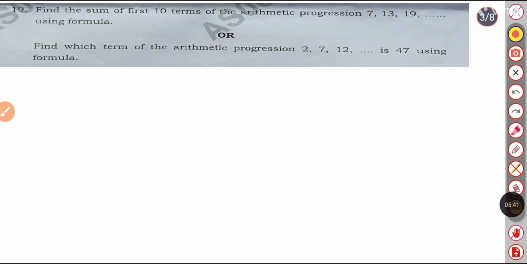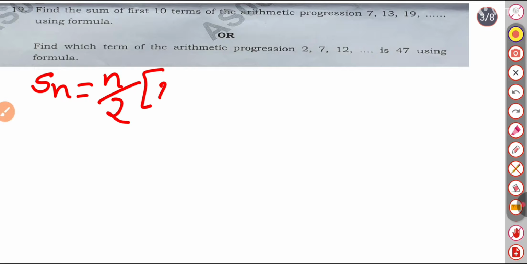Next question, question number 19. Find the sum of first 10 terms of the arithmetic progression using formula. Formula is what? Sn is equal to, we are finding the sum. So Sn is equal to n by 2 into 2a plus n minus 1 into d is the formula. Here what is a?